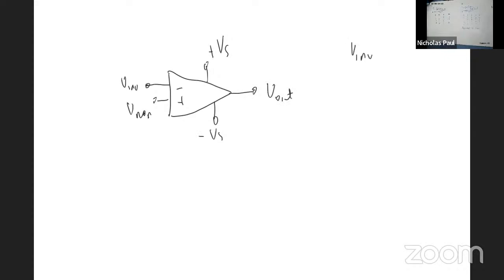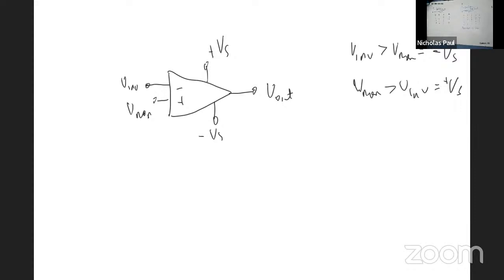If the inverting is more than the non-inverting, it will be minus Vs. If the non-inverting is more than the inverting, it will be positive Vs. That's what we did last day. We only did the calculation type questions and didn't get to do any graphical type questions.